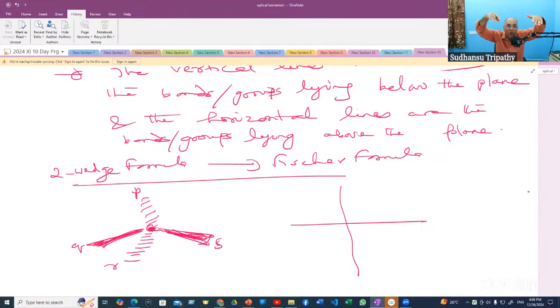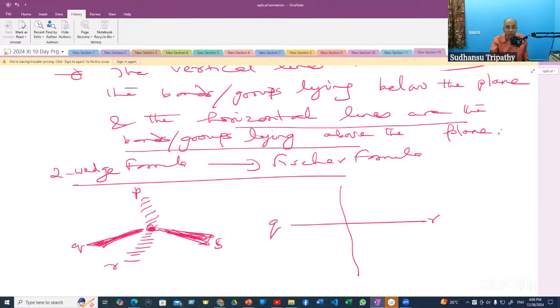Therefore, I wrote that the horizontal lines are the actual bonds lying above the plane.